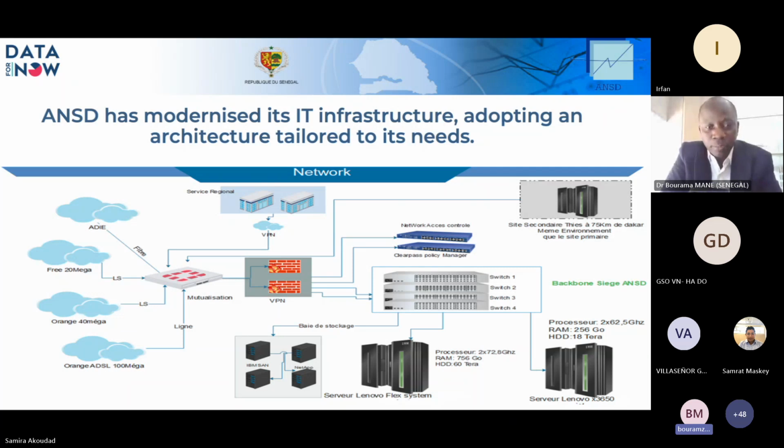All these environments are connected with the remote access site for backup of all data that we have at the central level, and all our services at the regional level are connected with a VPN to the central level. That is the architecture that we have implemented to modernize our IT infrastructure. Next.